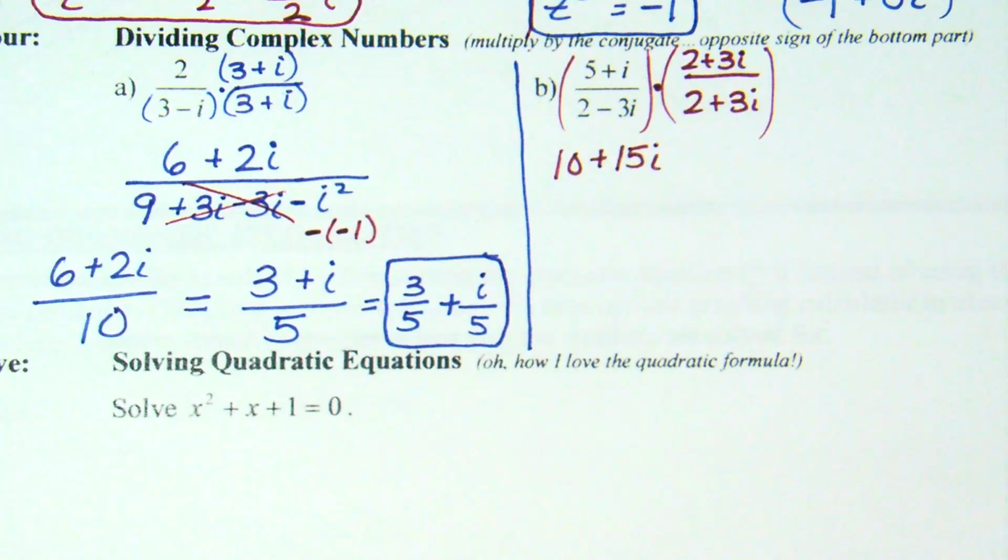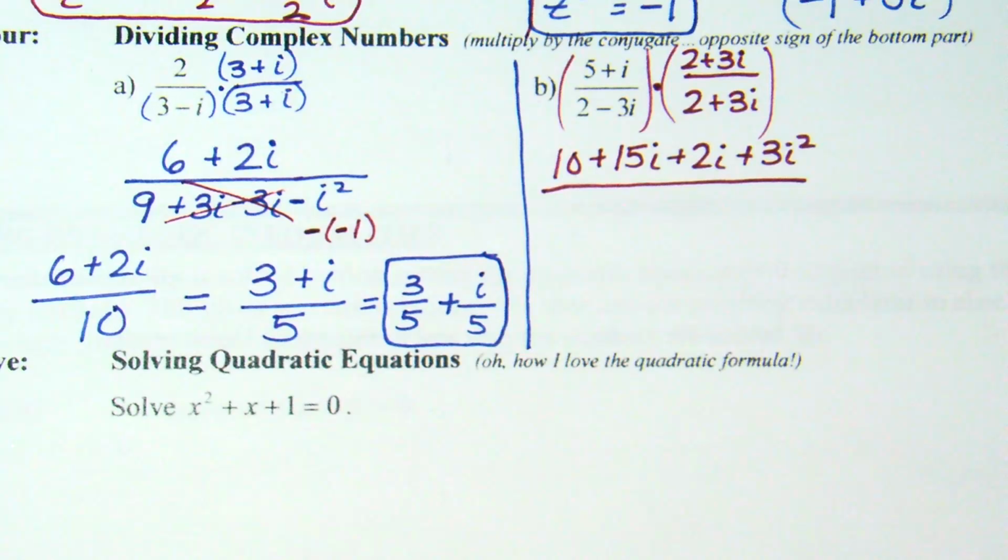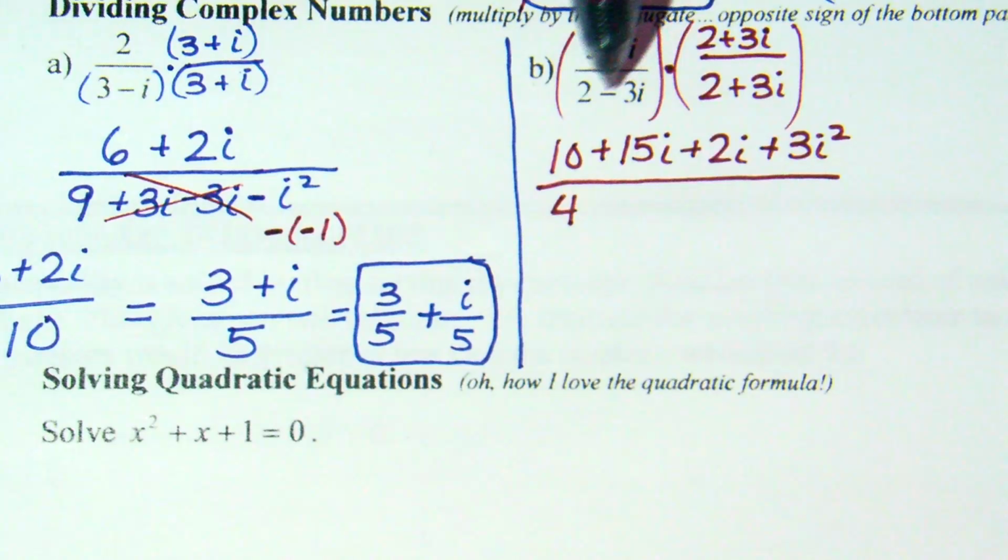First, 4. Now outsides, 2 times 3i is 6i. Insides, negative 6i. And last, minus 9i squared.